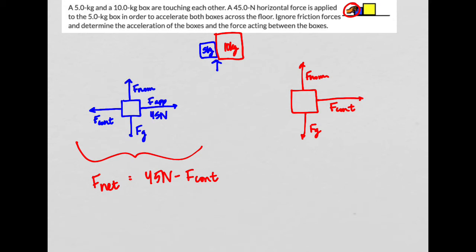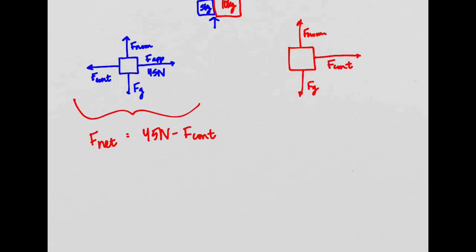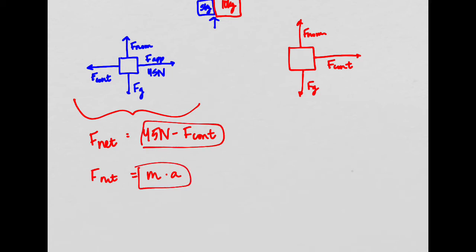So the net force is 45 newtons minus whatever the contact force is. We don't know what the contact force is yet. We know that F net also equals mass times acceleration, so we can combine these two equations to say that 45 newtons minus the contact force is equal to mass times acceleration.